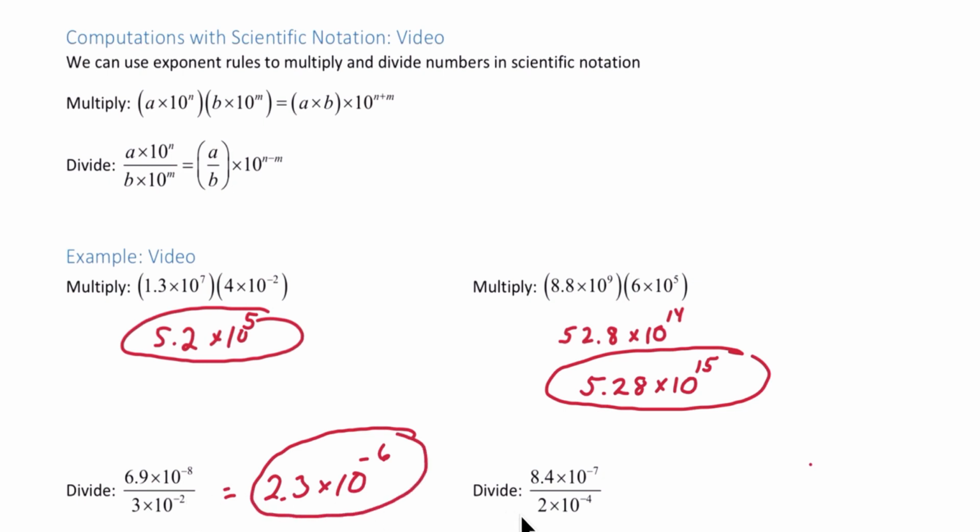And in the last example, 8.4 divided by 2 is 4.2 times 10. Negative 7 minus negative 4 is negative 7 plus 4, or the negative 3 exponent.